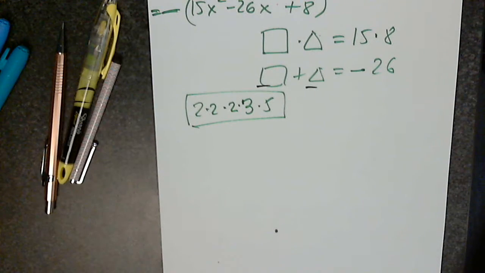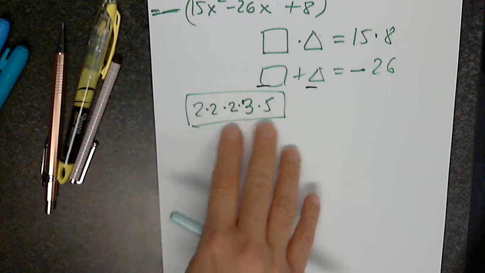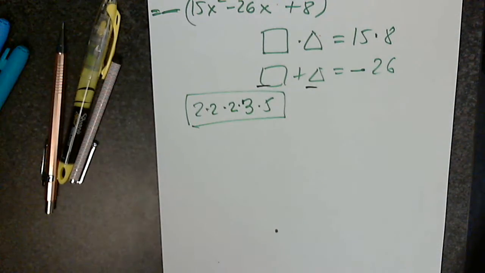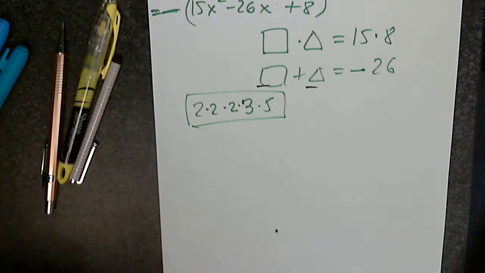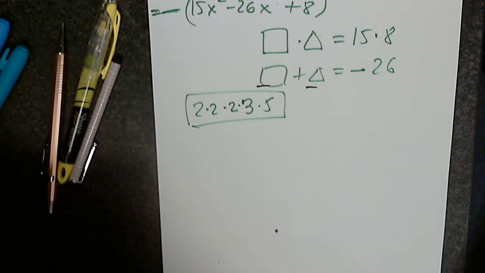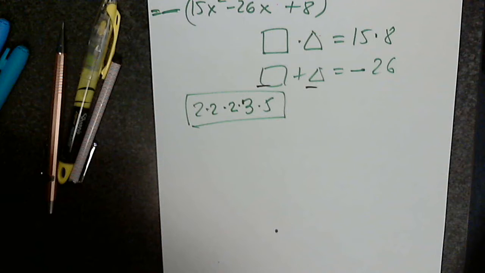So can we find two negative numbers using all these factors? Just use all the factors and come up with two numbers, and when you add them, you get negative 26. Which ones? Negative 30 and negative 4? Both have to be negative. Negative 30 and negative 4 would be negative 34.